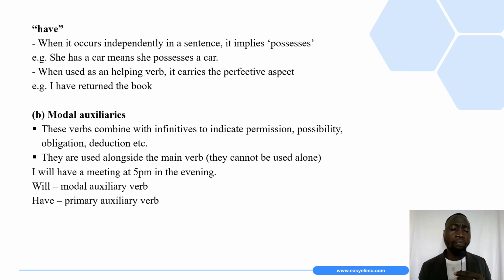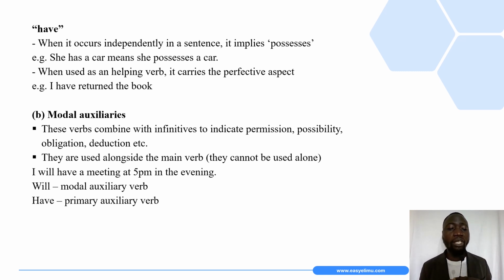Now, on to the second type of the auxiliary verbs, we have the modal auxiliary verbs. So, modal auxiliary verbs combine with infinitives to indicate permission, possibility, obligation, deduction, and so on. We are going to look at some of the uses of these verbs. So, they are used alongside the main verb, meaning that they cannot be used alone in a sentence.